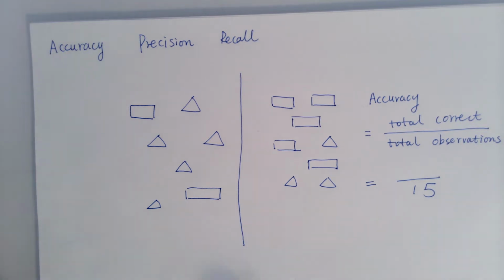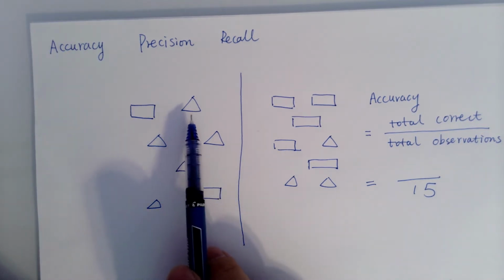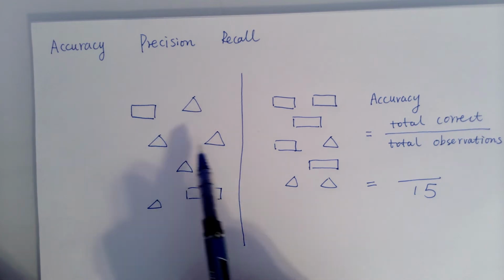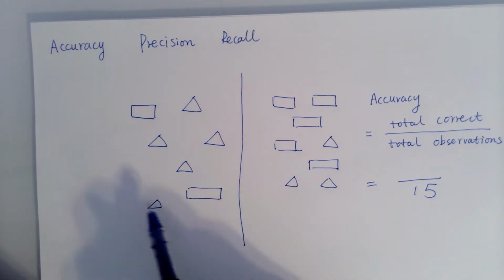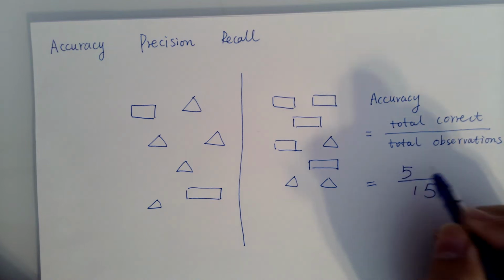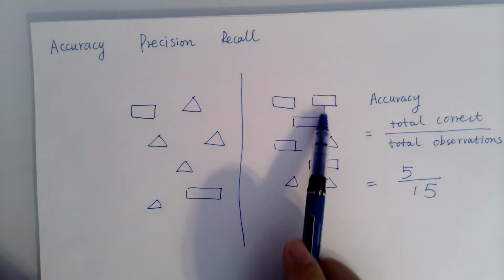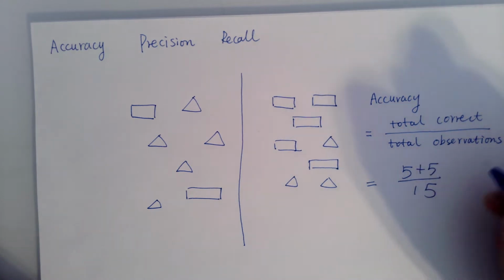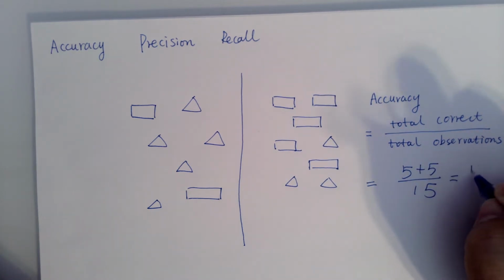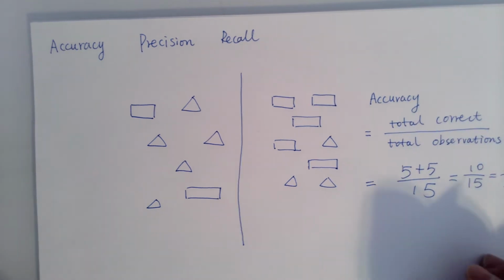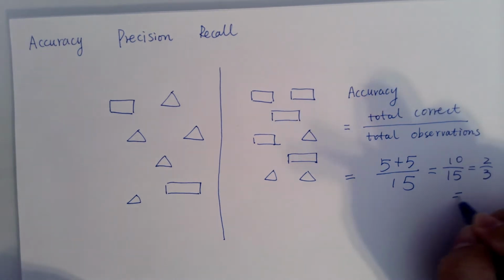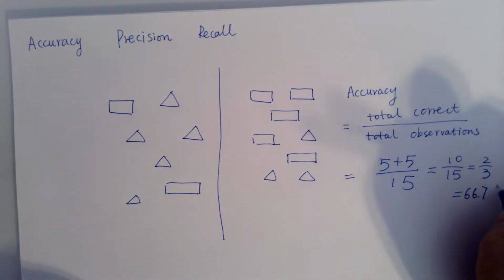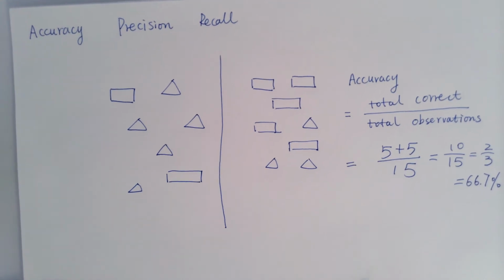On the triangle part, it's 1, 2, 3, 4, 5, and on the rectangle part, it's also 5. So the accuracy is going to be 10 out of 15, or 2/3, or 66.7%.